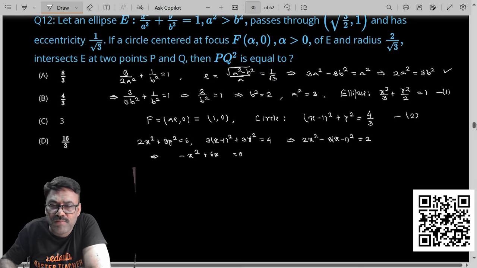I'm getting minus 3 minus 2, which is minus 5. So this equation can be written as x square minus 6x plus 5.